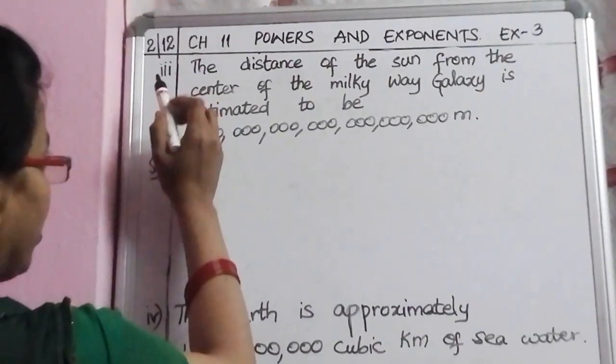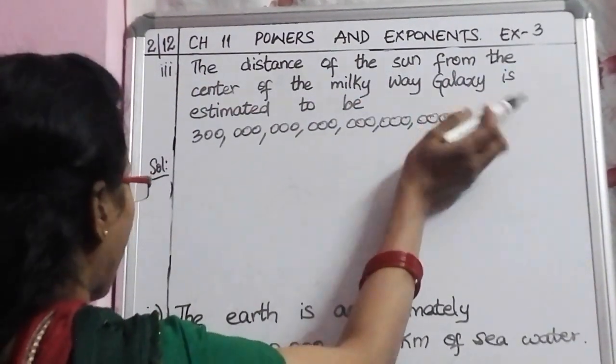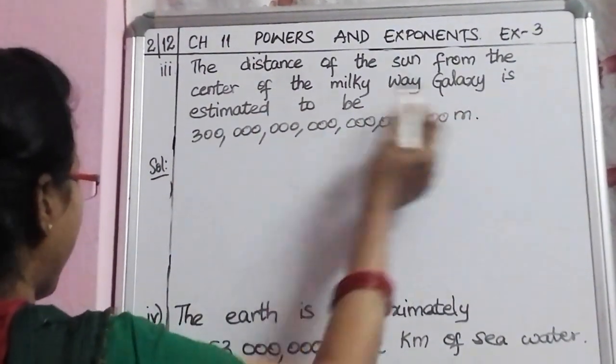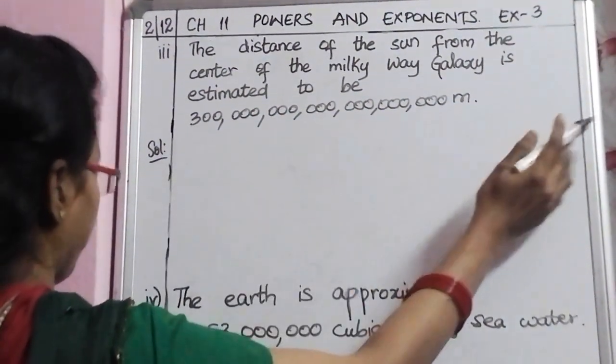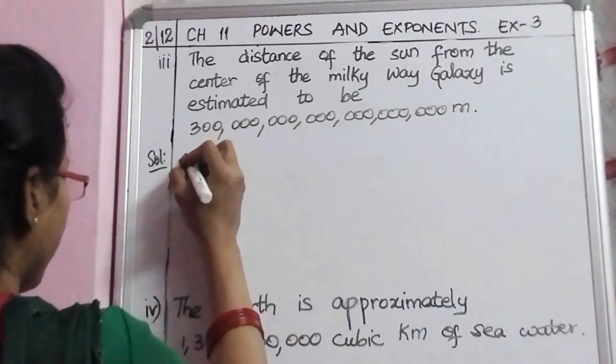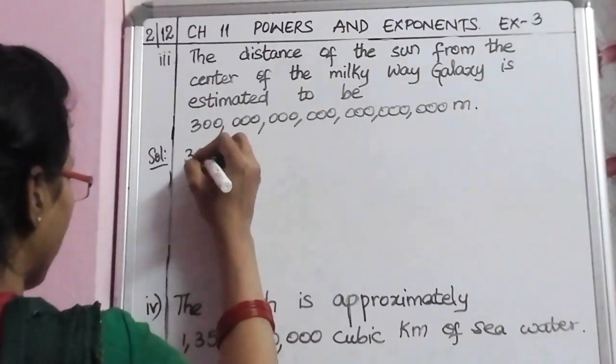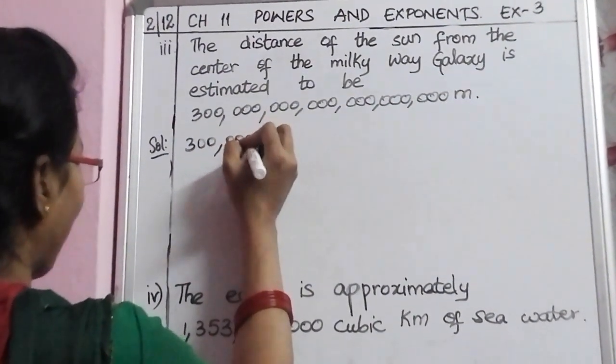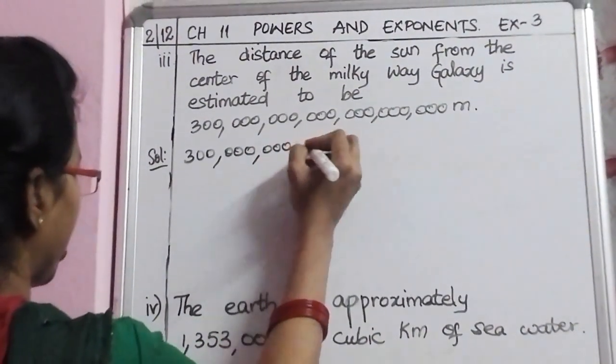Okay, let us do the third bit. The distance of the sun from the center of the Milky Way galaxy is estimated to be so many meters. So let's copy the numerical value which is given in the question.